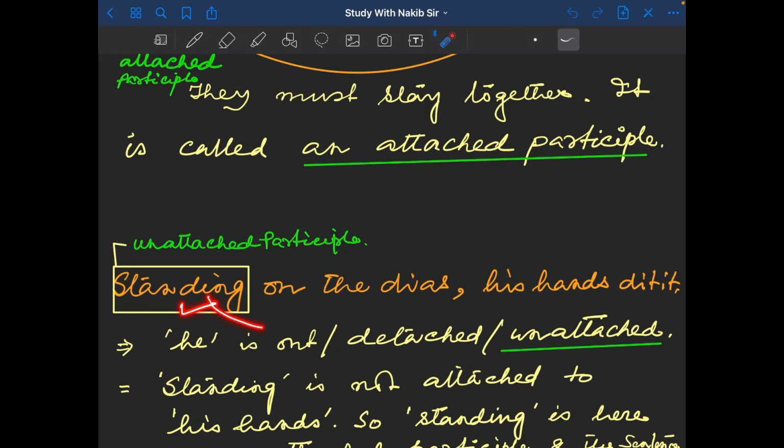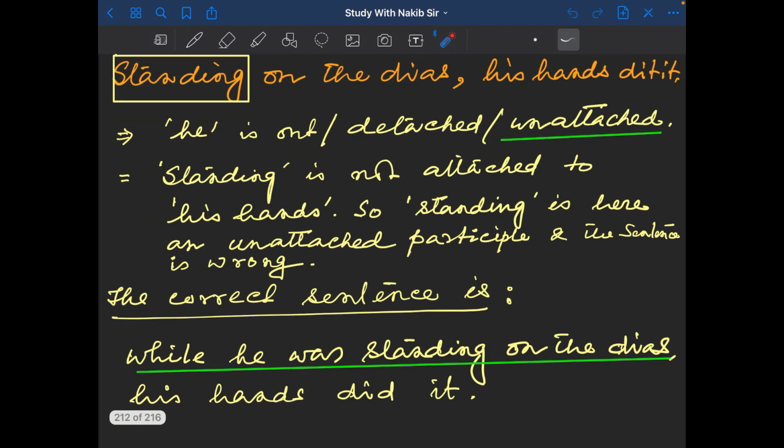Standing on the dais, his hands did it. This standing is not attached to his hands. It is attached to "he", and that is out. So the sentence is wrong. The correct sentence is, "While he was standing on the dais, his hands did it." Remember this.